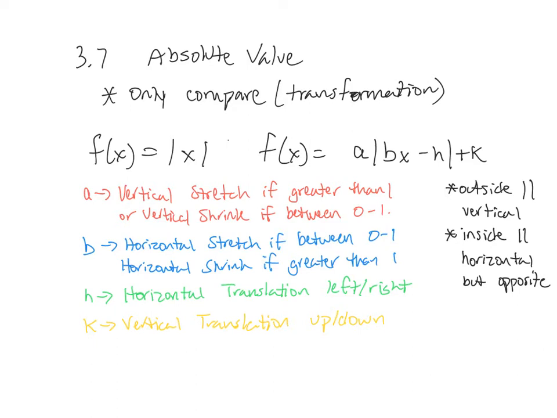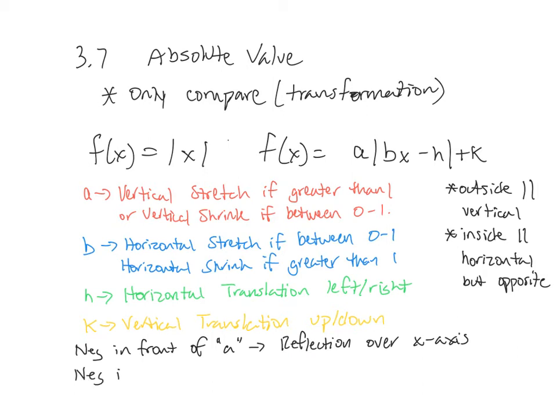All right. Now, if there's a negative sign in front of the A, then that's going to be a reflection over the x-axis.